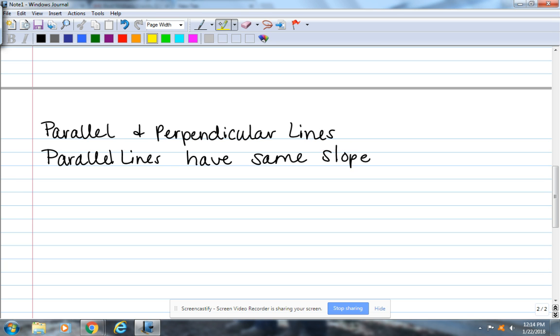It's important. Parallel lines have the same slope. So if one line has a slope that's the same as another line, then those 2 lines are parallel to each other.